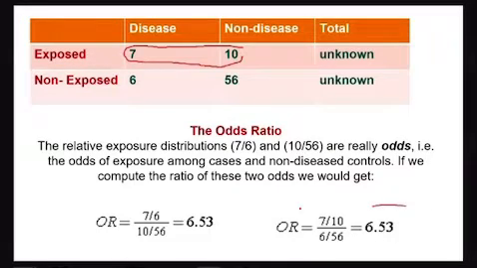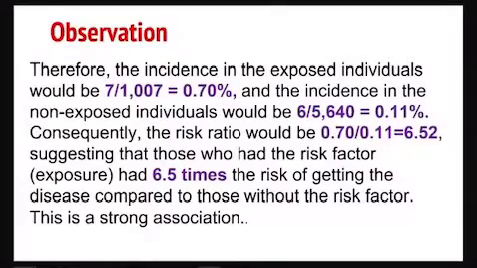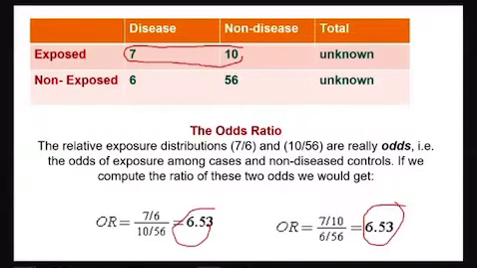Now, what is the difference between this result and when we have information about the totality? Here we got 6.52, but here we got 6.53. Can you see how efficient a case control study is?